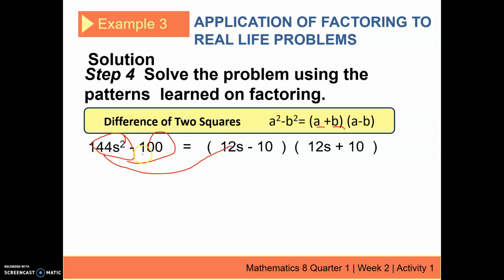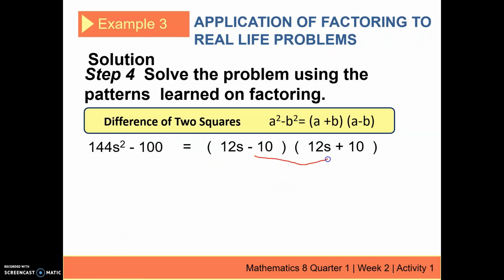So we got these numbers from the given alone. Following the pattern, after getting a and b, the first binomial must be a sum, and the second binomial must be a difference. So the correct factored form is 12s minus 10 times 12s plus 10.